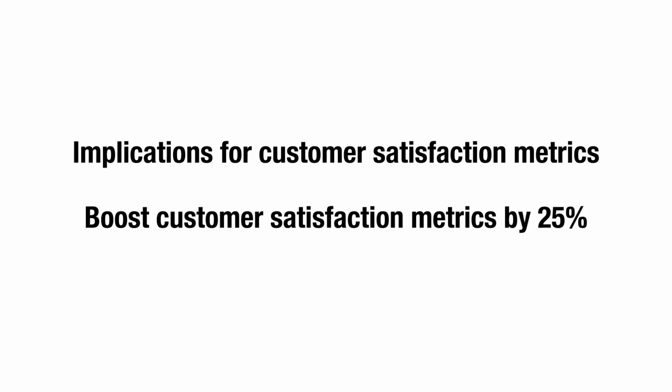Implications for customer satisfaction metrics, or boost customer satisfaction metrics by 25%? For me, the second of these is much more compelling because it offers a much clearer and more specific benefit. What customer experience expert wouldn't want to see a 25% uplift in how their performance is measured?